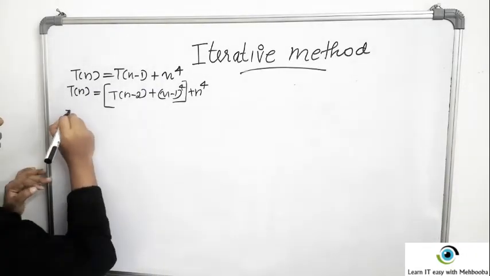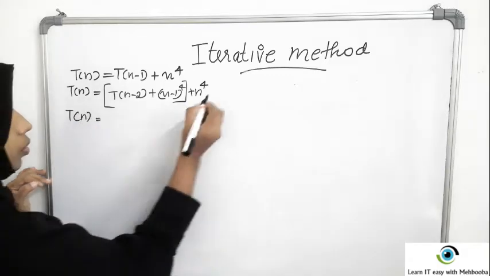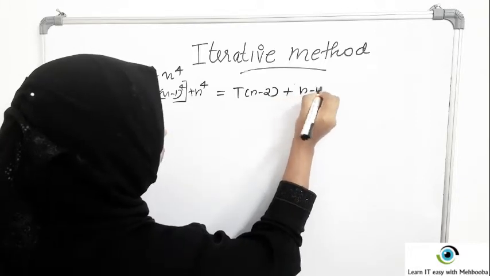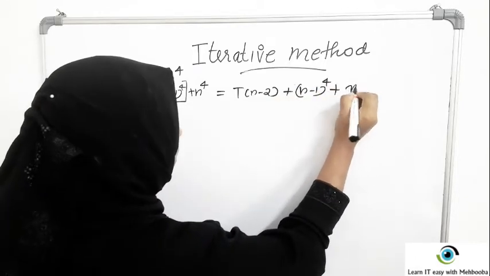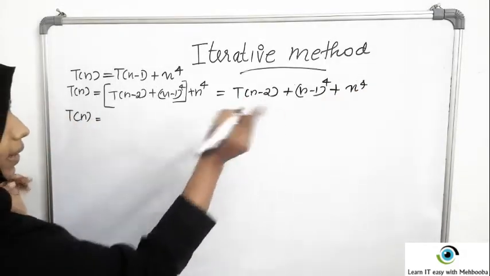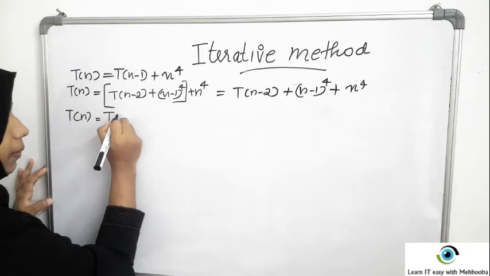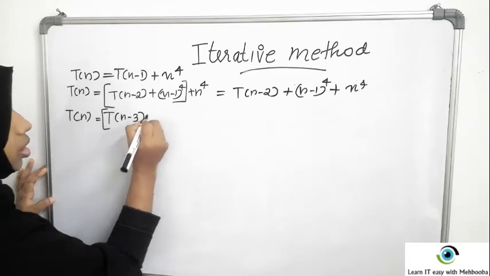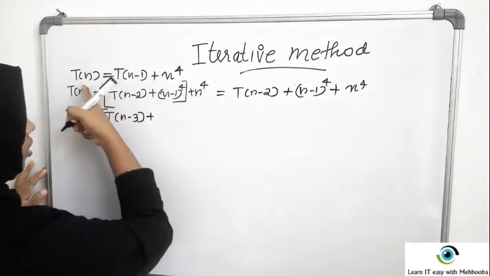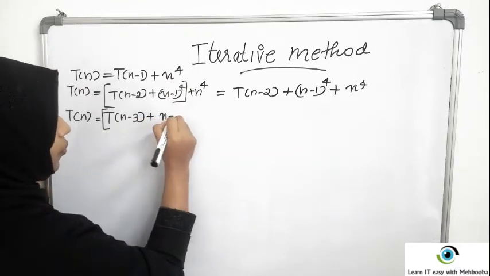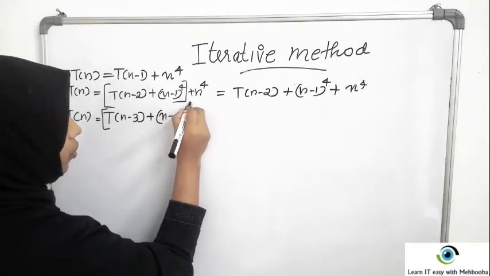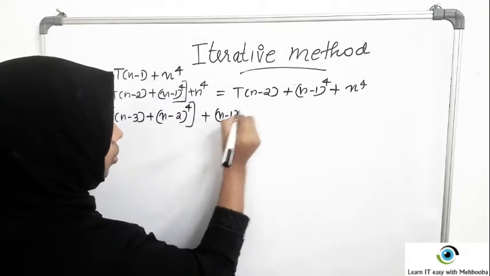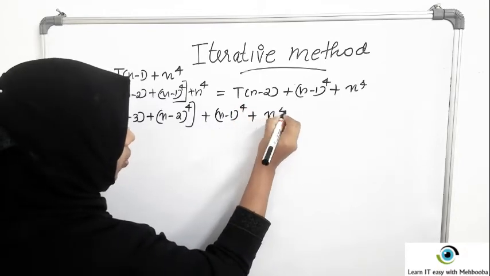Okay. Now we will unroll this. This is actually T of n minus 2 plus n minus 1, the whole raised to 4, plus n raised to 4. Now we will unroll this n minus 2. So T of n minus 2 will be T of n minus 3 plus n minus 2, the whole raised to 4, plus the remaining terms, n minus 1 the whole raised to 4 plus n the whole raised to 4.